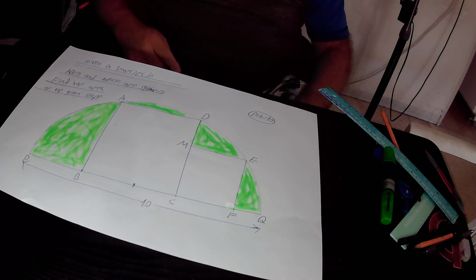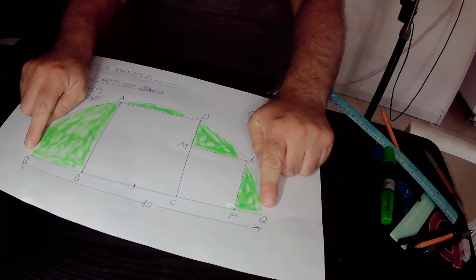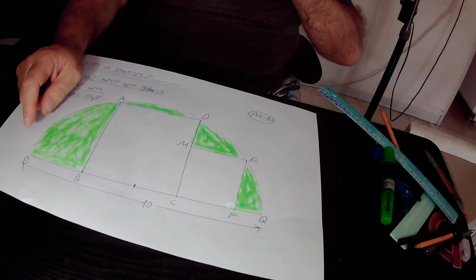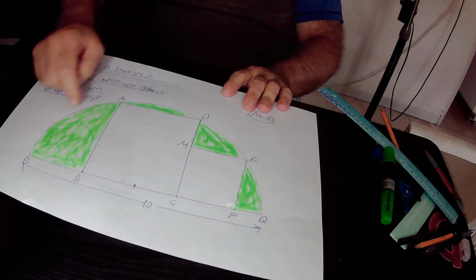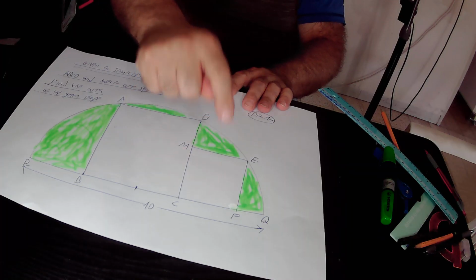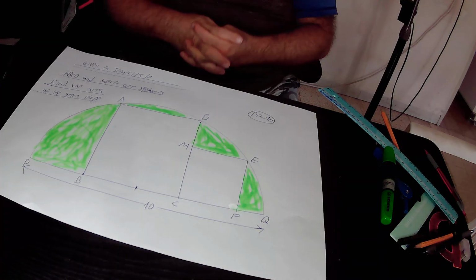So, in the drawing, we have a semicircle. PQ is the diameter of this semicircle that is equal to 10 units in its length, therefore the radius equals 5. In addition, we know that inside this big semicircle we have the big square ABCD and we have the small square MEFC. Again, our task is to find out the area of this green shape.